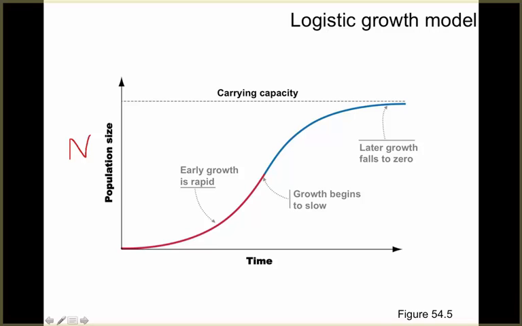The typical logistic growth model, when graphed, has an S-shaped curve as shown here, where early in the population growth, it's very rapid, and in fact looks like it's approximately exponential growth rate.